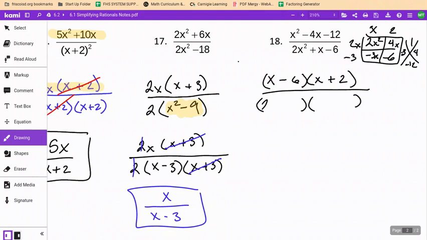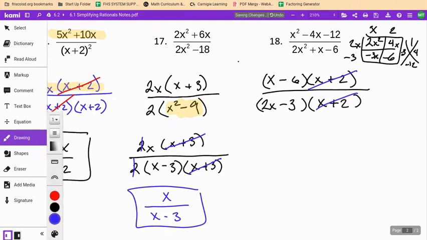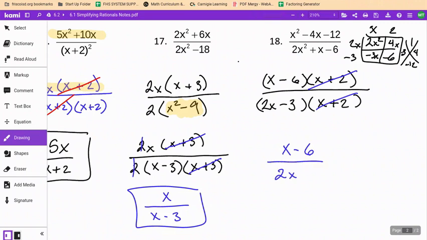Perfect. So I have 2x minus 3 as a factor and x plus 2 as my other factor. Now that everything's completely factored, I can simplify the factor of x plus 2, and I'm left with x minus 6 over 2x minus 3 as my simplified rational. And that is it.